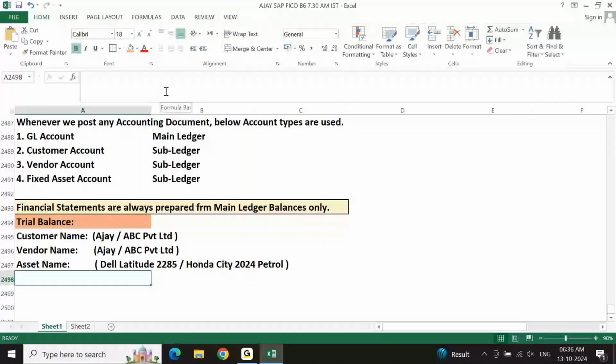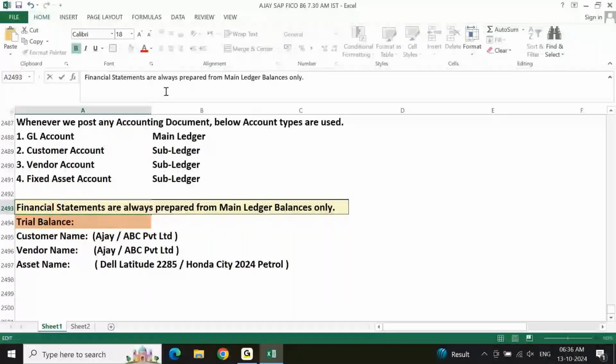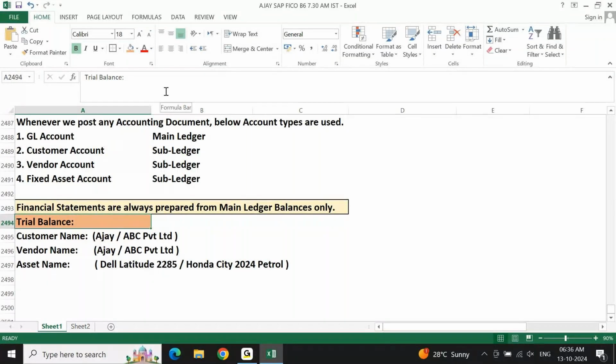Any subledger account that you are posting will not be considered directly in your TB, P&L, balance sheet. We need to make sure subledger is connected to main ledger. Main ledger balance will be taken into account for TB, P&L, balance sheet. Is my statement correct? Yes, sir. Right?